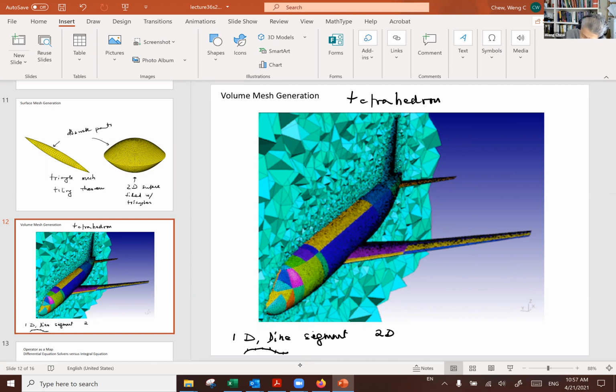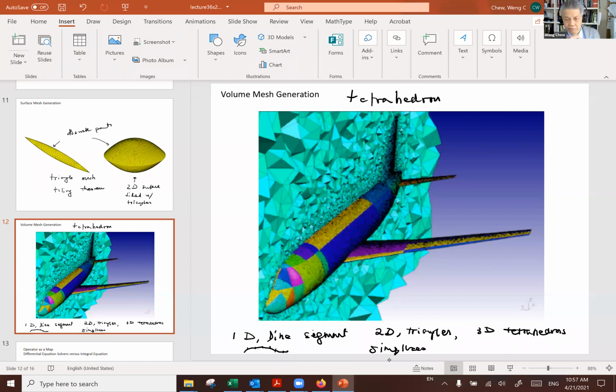In 2D, you use triangles. And then in 3D, you use tetrahedrons. These things are all called simplices.